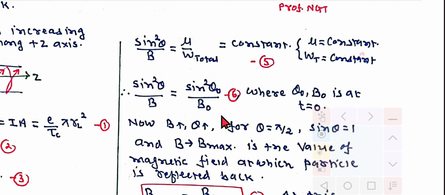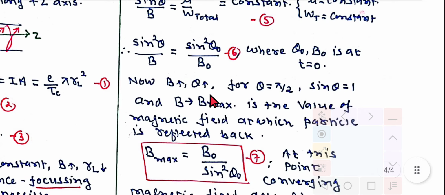Now you know that for theta equal to 90, sin 90 equals 1, and the value of magnetic field becomes B maximum, and at this value the particle will get reflected back.